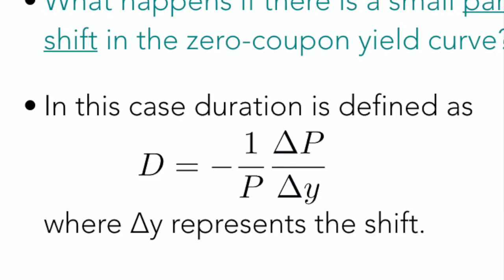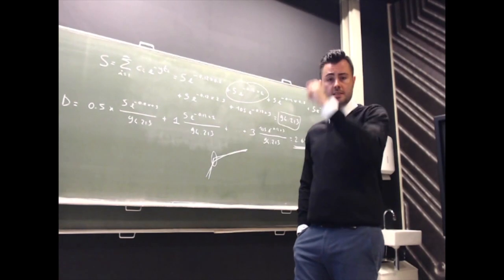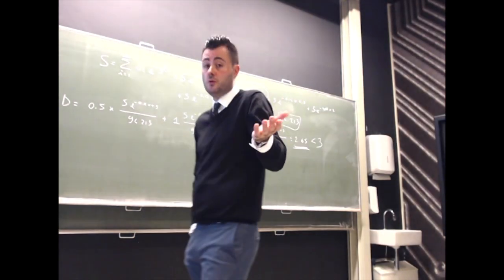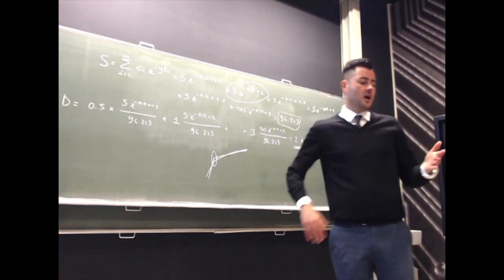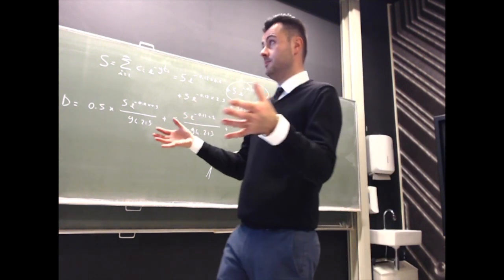Now, if I consider the duration of the portfolio, by simply applying the definition of duration, it's minus 1 over P instead of S. S was the price of an asset. P is the value of the portfolio. It's minus 1 over P, delta P over delta Y, where delta Y is exactly this shift I am assuming or that I observe, okay? Now, what we know is that our portfolio is made of a certain number of assets, okay?